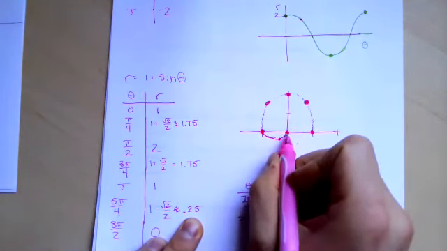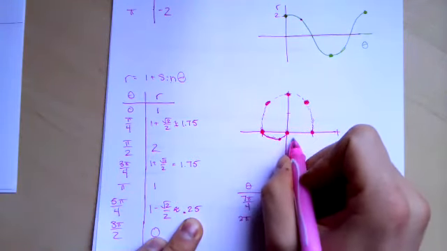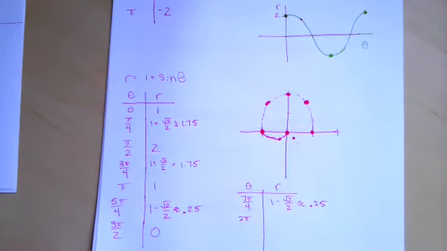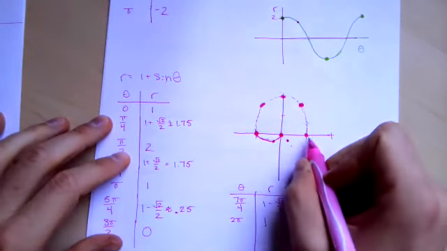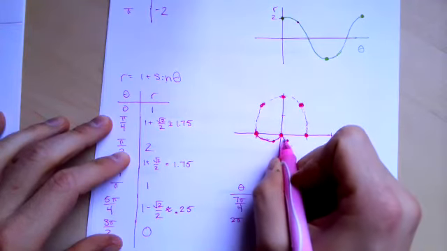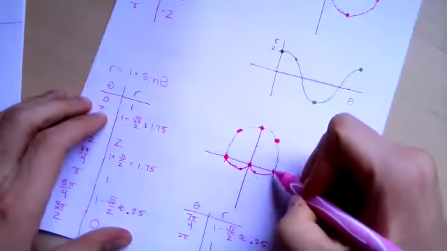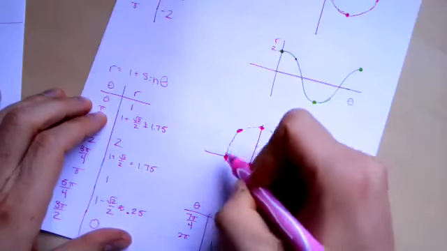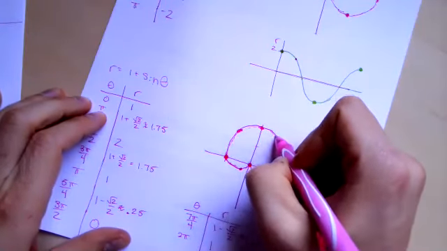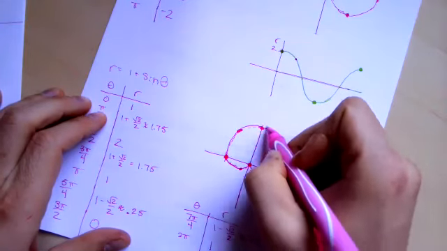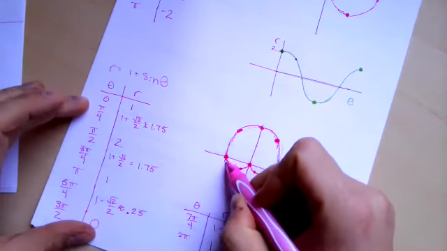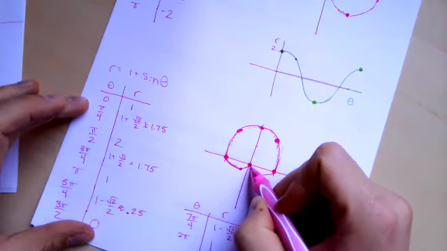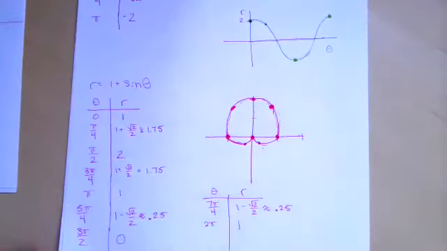So we'll be at angle 7 pi over 4 with a small radius of 0.25. And then, of course, at 2 pi, we've gone all the way around the circle, and we'll be back at 1. So we get this upside-down heart-looking thing. It starts off, comes up, and decreases as soon as the angle gets bigger than pi. It's going to start to be real small, and then bounce, and give us something like that.